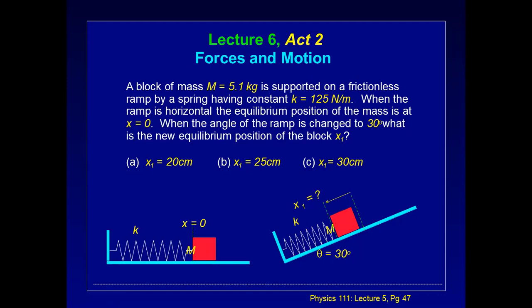Is it A, x1 is equal to 20 centimeters, B, 25 centimeters, C, 30 centimeters? On the lower left side of your screen, you can see the horizontal conformation of the block with the spring, and on the right side, we have the inclined conformation of the block with the spring at 30 degrees.